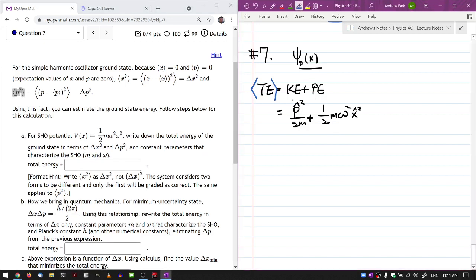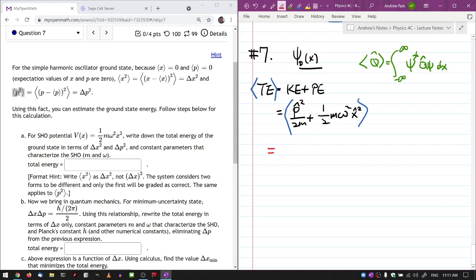I'm going to use the shorthand expression, so all this expectation value is shorthand for this whole integral that I would eventually need to do.